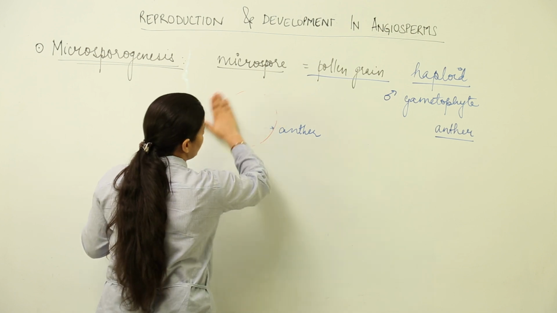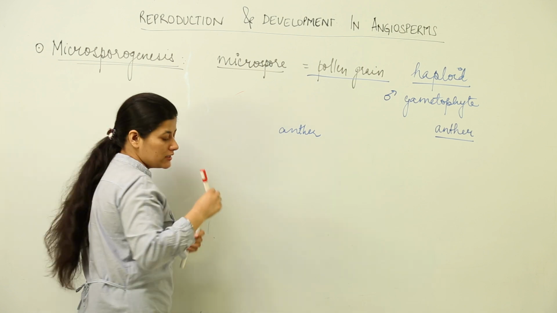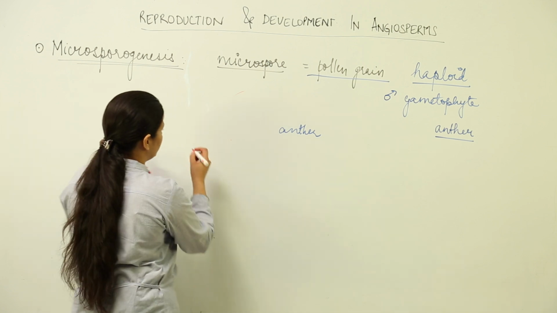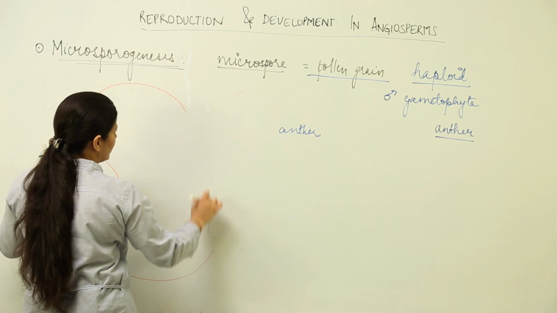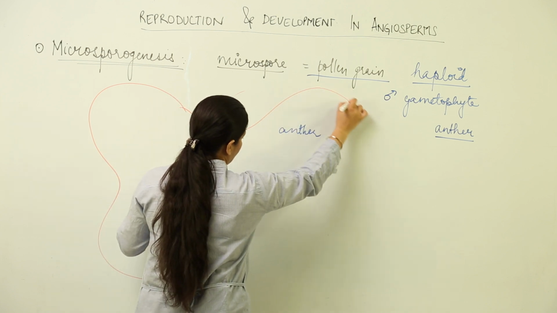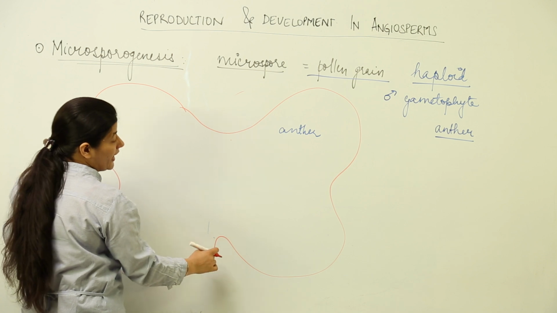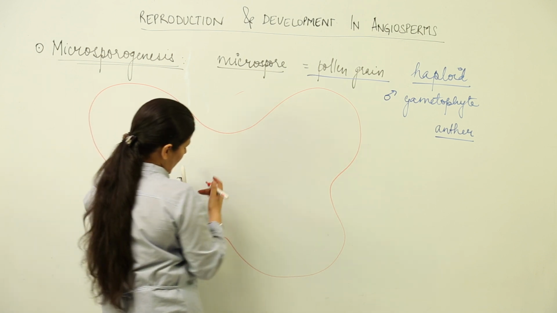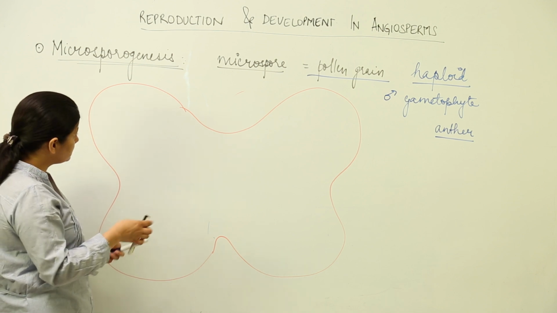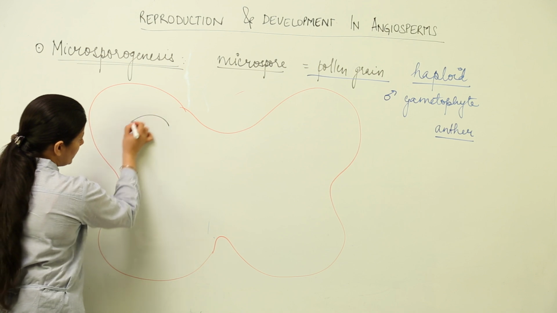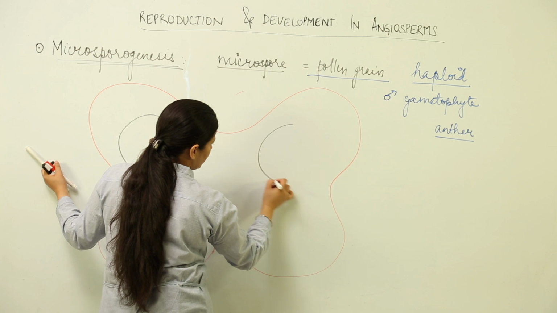So we have to see this anther, and when we see like this, supposedly this is the diathecous anther, we see its transverse section, it is like this, one theca and another theca. Diathecous, bilobed, two lobes, and each lobe here, this is diathecous condition, and we have two lobes in each theca.